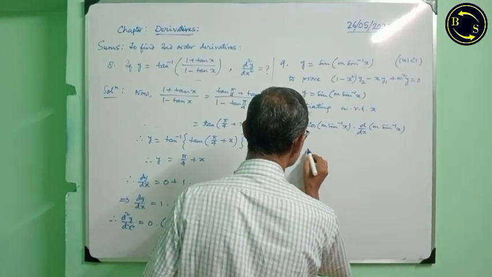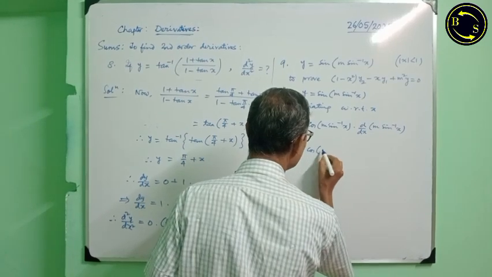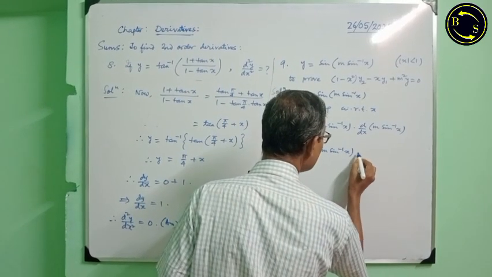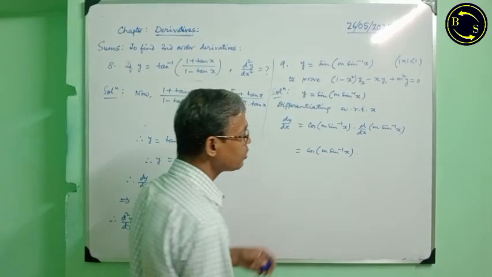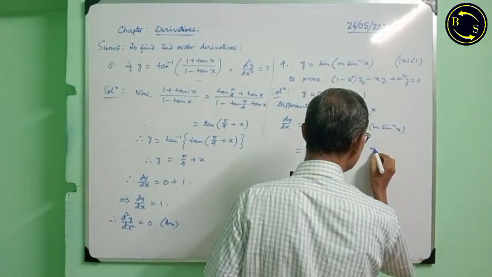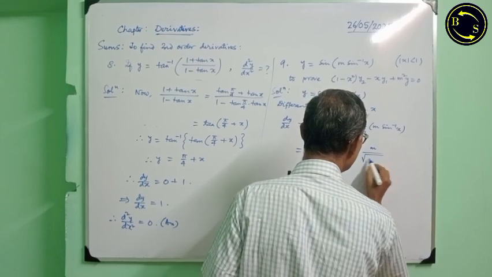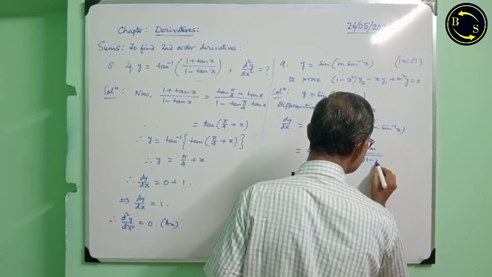So cos of m sin inverse x, m is constant, and the derivative of sin inverse x is 1 over root over 1 minus x square.